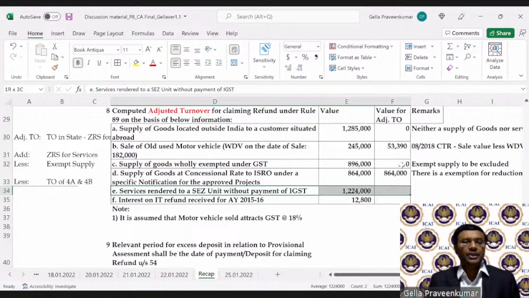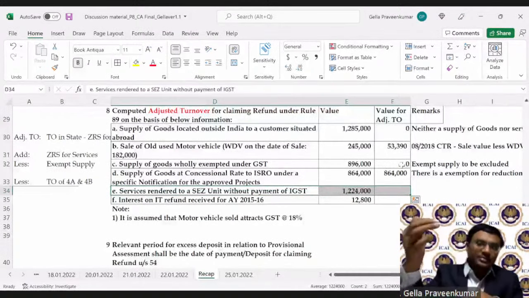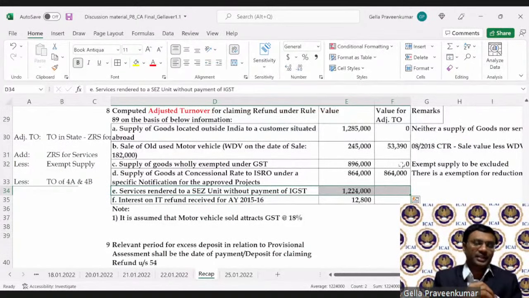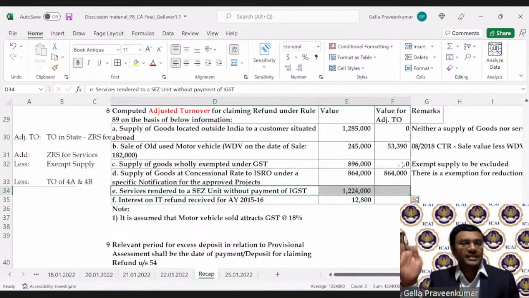Services rendered to a SEZ unit without payment of IGST. Now, if you recollect the definition of zero rated supply, there was a condition with respect to exports where I receive money in convertible foreign exchange. Only that particular zero rated supply has been kept outside for the purpose of my denominator.